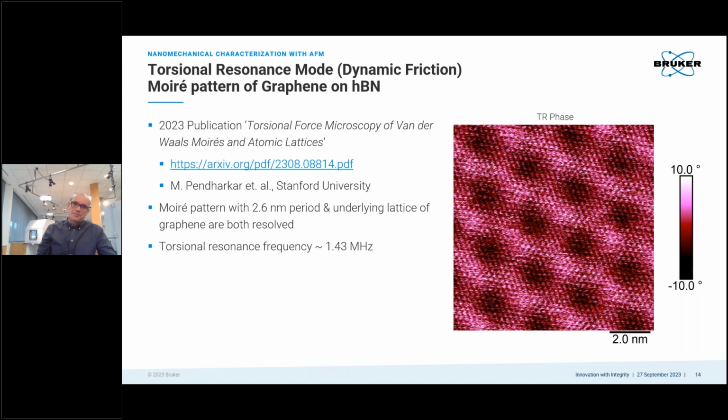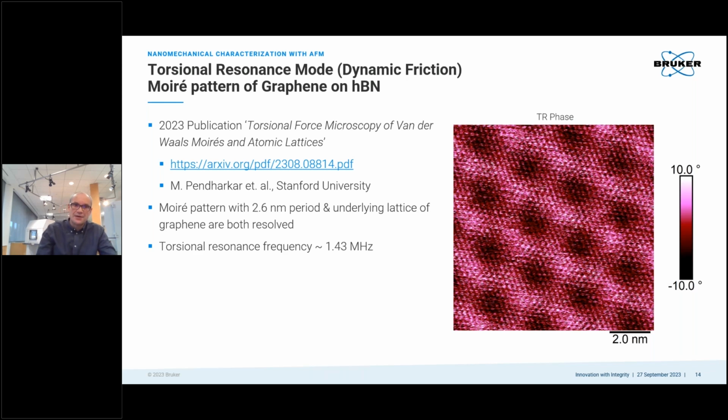Very recently, there's been some very interesting work by Mihir Pendarkar at Stanford University and the group there, as well as some collaborators. The work was done on 2D materials and is published under torsional force microscopy of van der Waals moiré and atomic lattices.